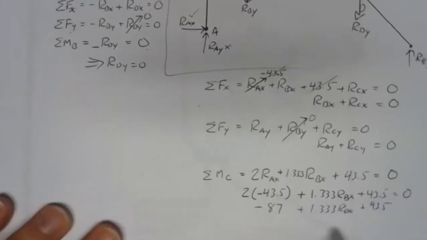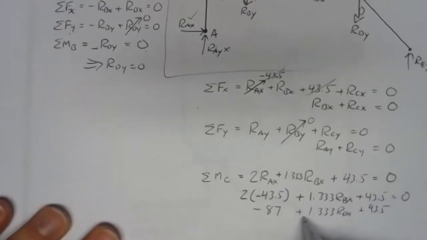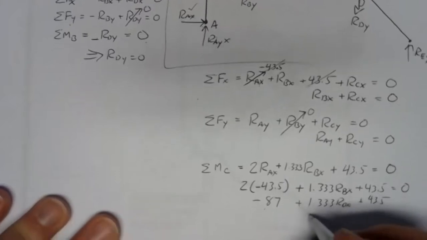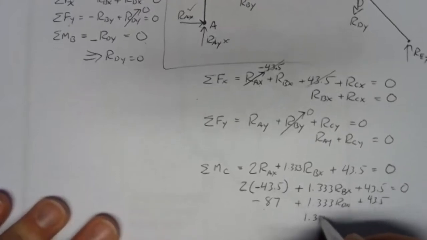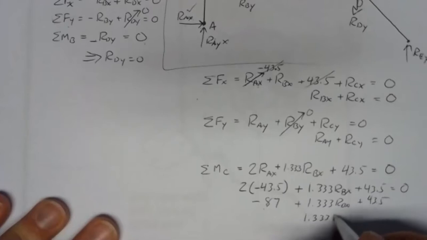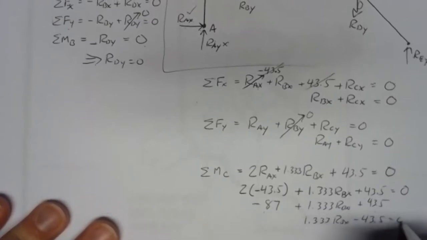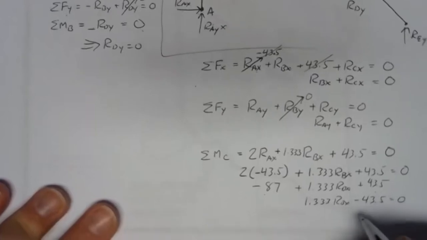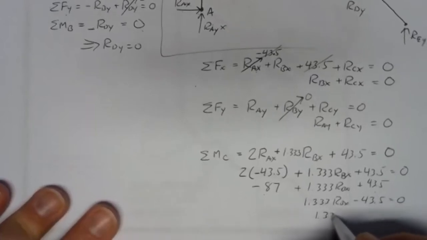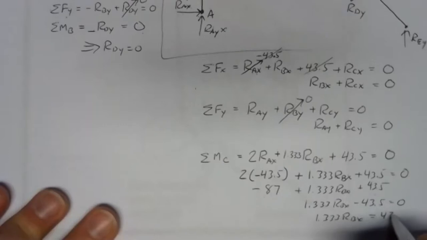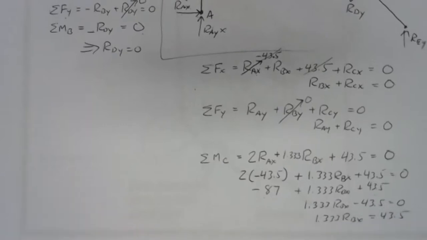If we combine the two numbers together, negative 87 and positive 43.5 is negative 43.5. So we get 1.333 RBX minus 43.5 equals 0. Add 43.5 to both sides, so we get 1.333 RBX equals 43.5, and divide both sides by 1.333.